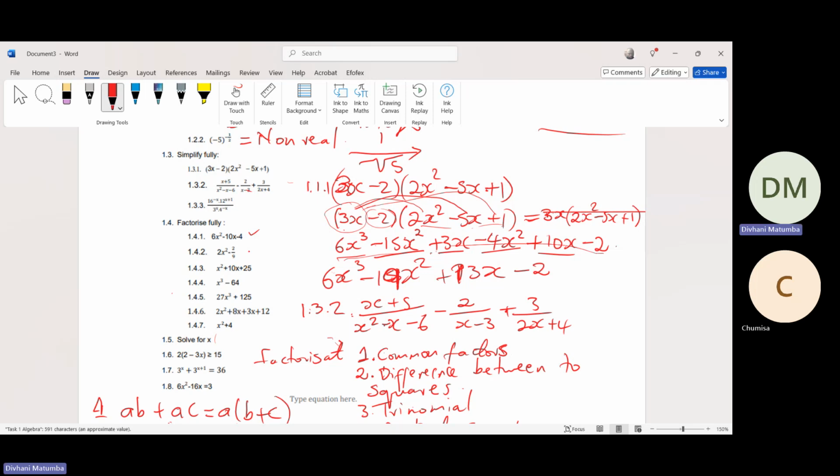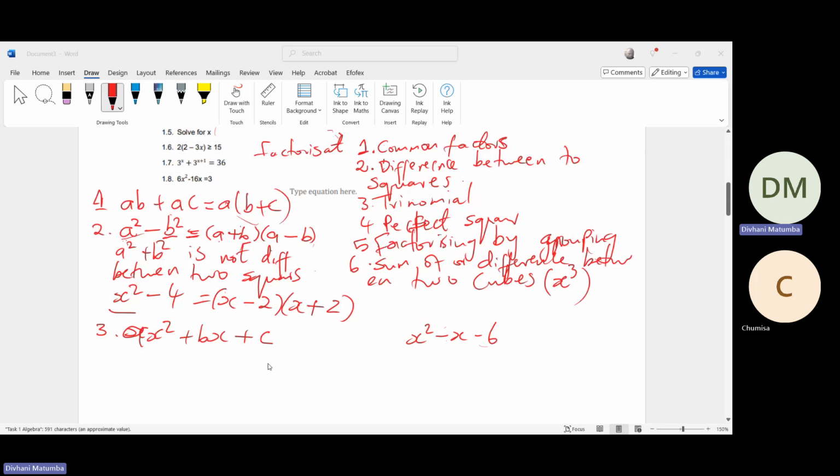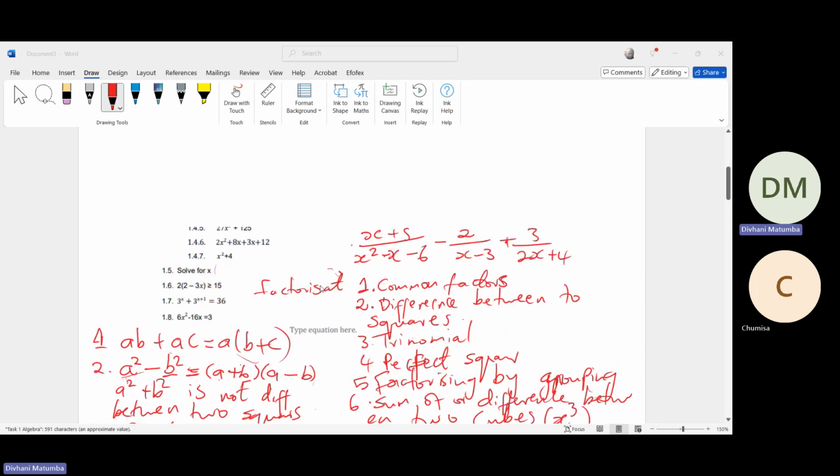Is it factorizing by grouping? Is it the difference between two squares? What is it? I think we're taking out the common factor. That is true. There's going to be a taking out of the common factor. That is correct.